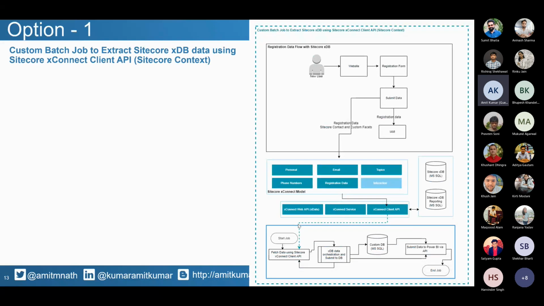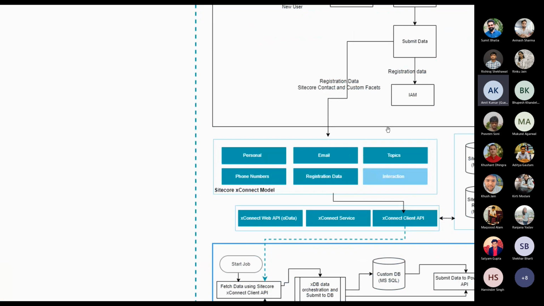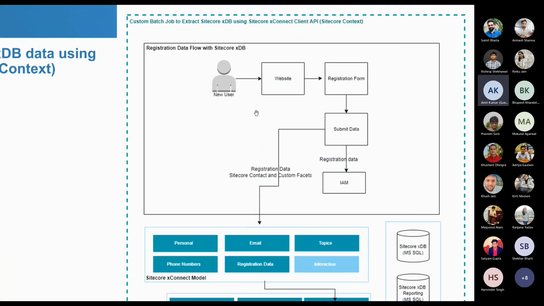So coming to option one, here I have tried to explain, suppose you are a new user coming to your website, you will have a registration form, right? With that, you will capture the data, and whatever data you require for authentication, you will push to your IAM system.